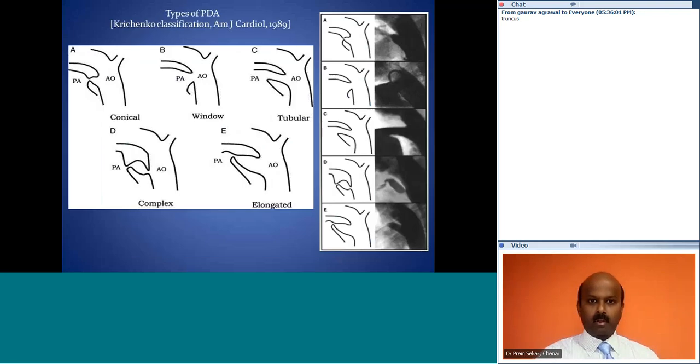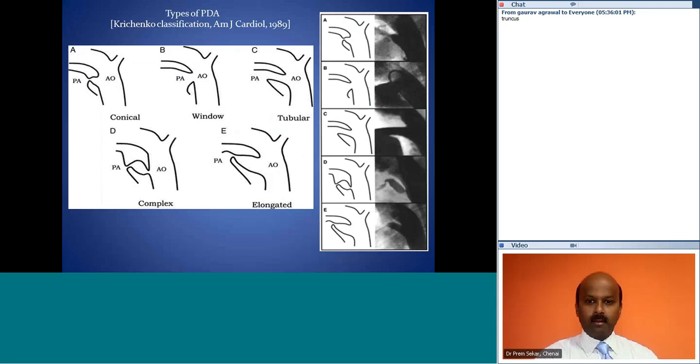This is a very important slide, which is the morphological classification of PDA by Krichenko, and it shows you that the morphological variations are due to different areas of constriction in the ductus.